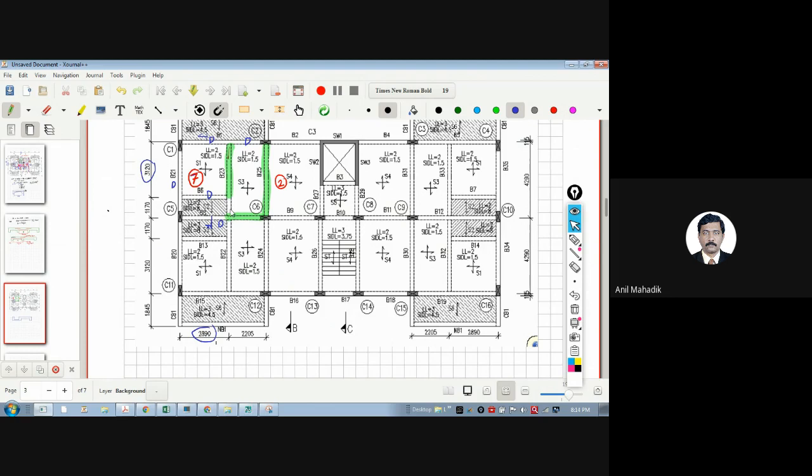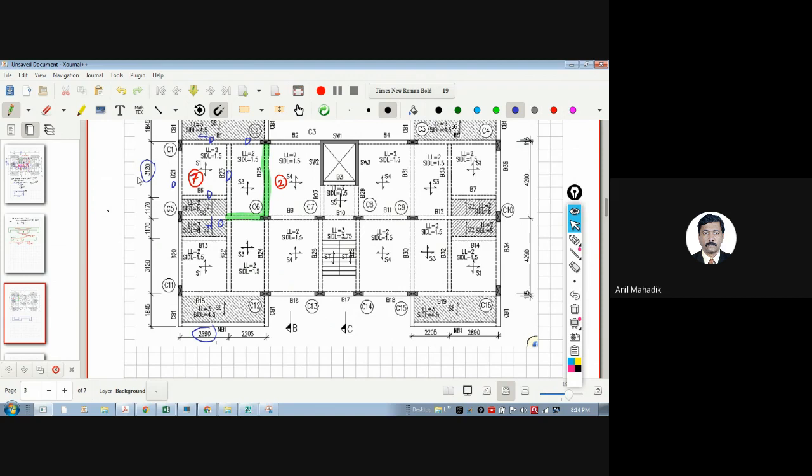Now in this case, you can assume, if you feel that within this zone I am not getting continuity, why not to assume this total portion as a discontinuous. So this can be also a choice. See, assuming discontinuous is very easy and acceptable.